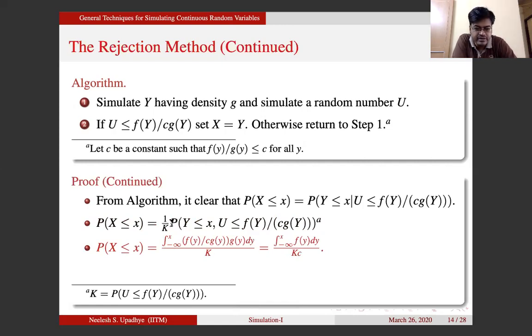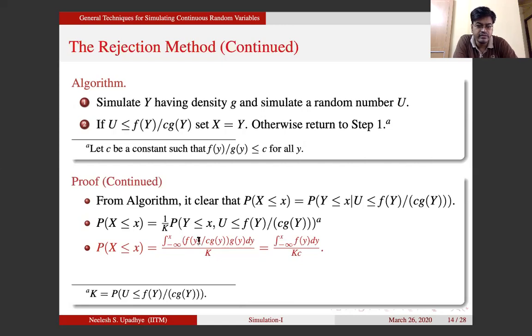So the probability of X less than or equal to x is the CDF of Y jointly with u less than or equal to this particular thing. To compute this, we use y and write an integral from minus infinity to x. U is a uniform random variable, so the probability that u is less than or equal to f(y) by c g(y) is just f(y) by c g(y) with the small y.